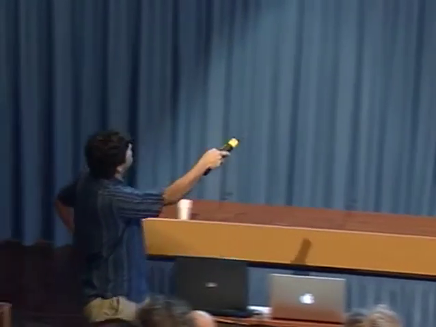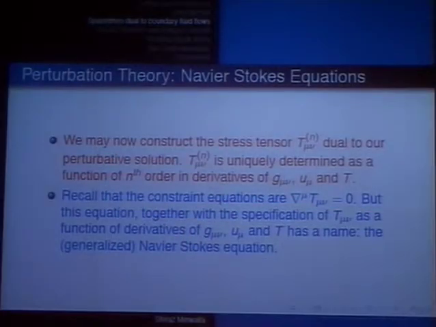Now recall that the constraint equations are the divergence of the stress tensor is equal to 0, but this equation, the conservation of the stress tensor, together with the specification of what the stress tensor is in a derivative expansion of velocities and temperatures, has a name. It's simply the generalized Navier-Stokes equations. Generalized because Navier-Stokes worked it out first order in the derivative expansion, but you can keep going.